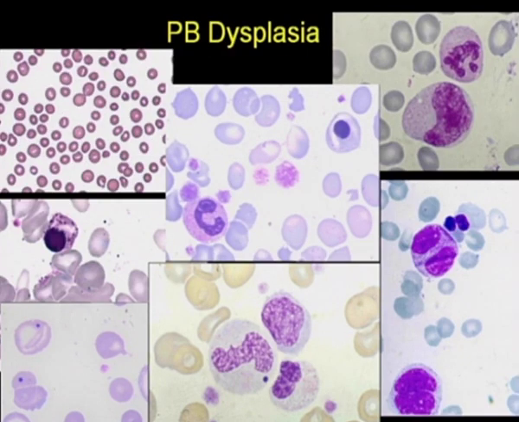Moving to morphology, again, this document provides details on the morphological appearance that allows us to identify a cell as a dysplastic one.